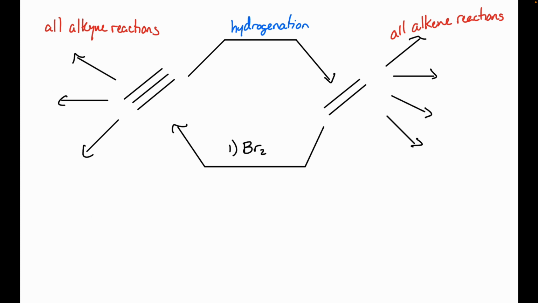If you take that product and you treat it with some strong base, and there are two that you'll see here, potassium hydroxide or even stronger sodium amide, this will actually convert that dihalide back into an alkyne.